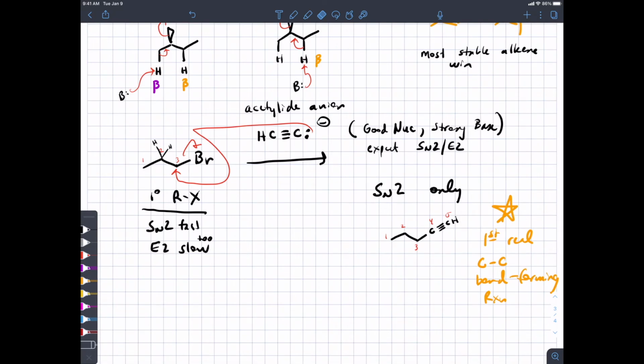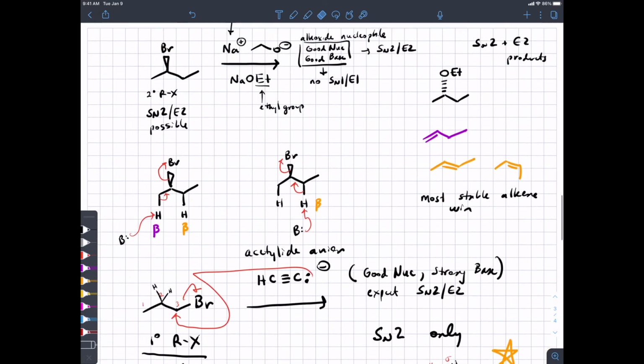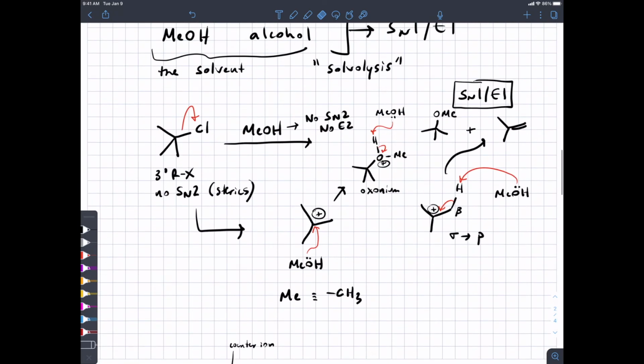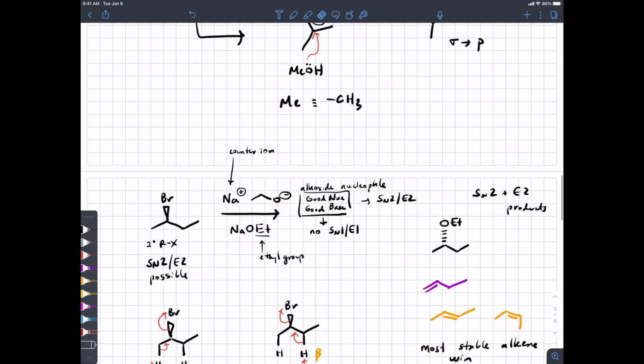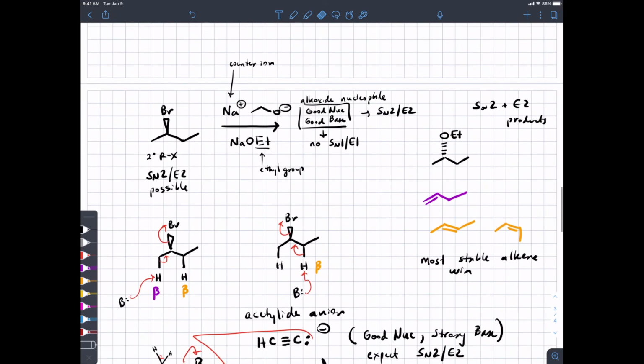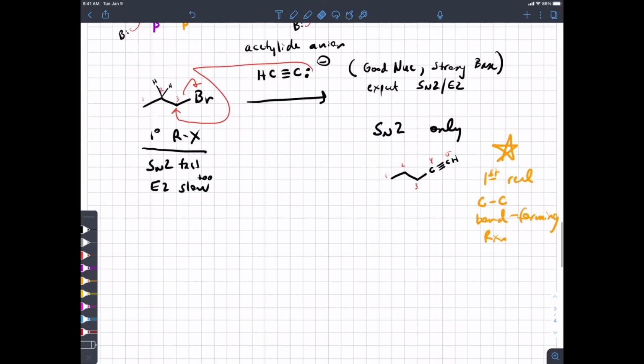All right. So this was, let's see, what have we seen so far? We did a weak nucleophile, weak base. We did a strong nucleophile, strong base where we got a mixture of SN2 and E2.